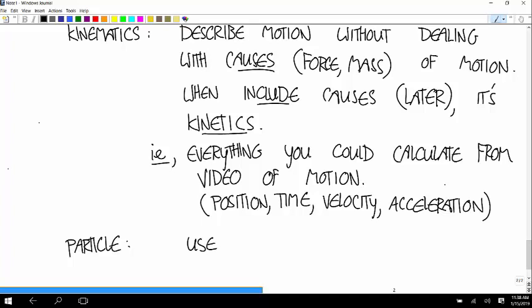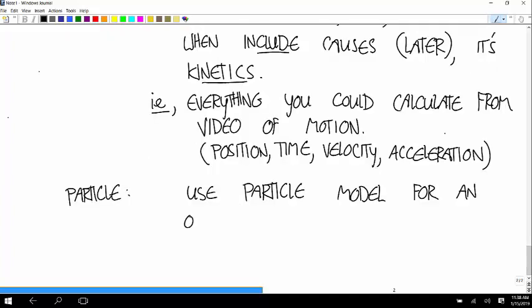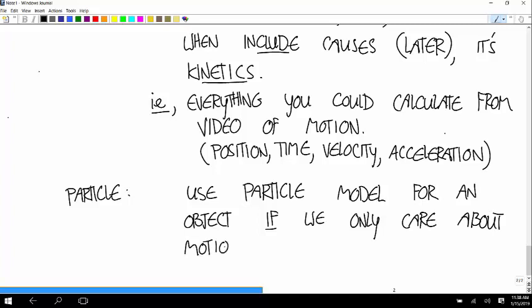So we use a particle model for an object if we only care about the motion of the object's center of mass.